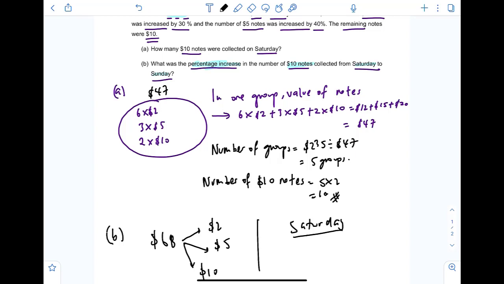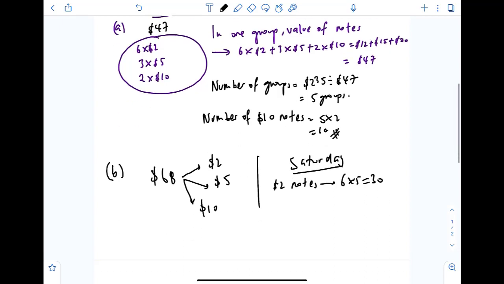On Saturday, $2 notes will be 6 times 5, that will be 30 of it. And $5 notes, that will be 3 times 5, that will be 15. And we know from our part A answer, $10 notes will be 10 of them.